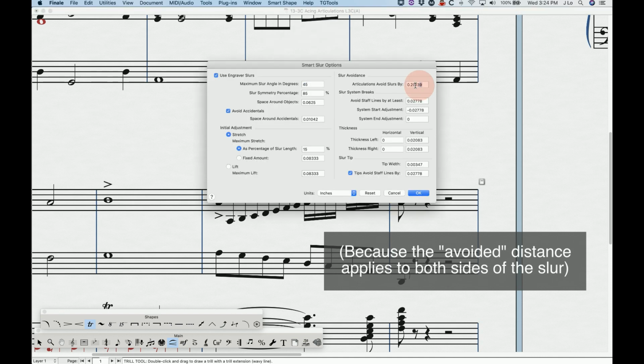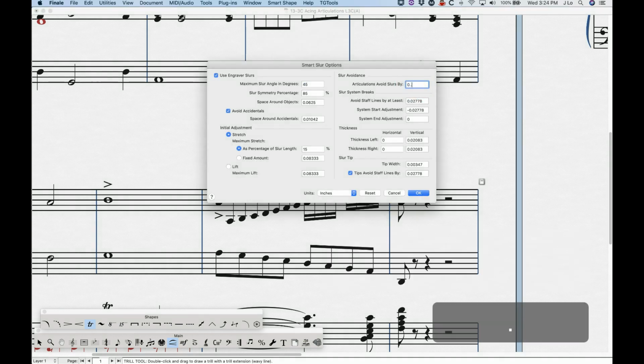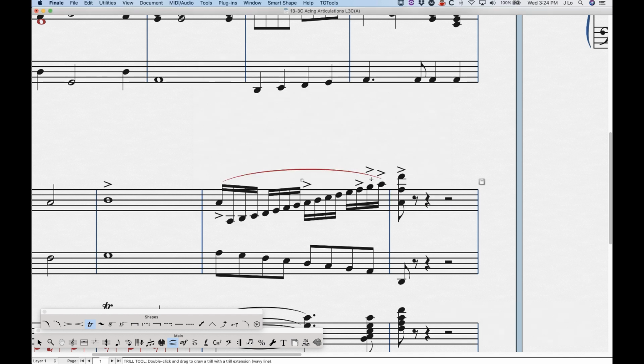So if we go back and change that back to something more reasonable, 0.02, you'll see that all sort of go back to normal. All right. So if you're looking to adjust that positioning away from the slur in the slur avoidance, that's where that can be found. It's in the Smart Shape, Smart Slur Options.